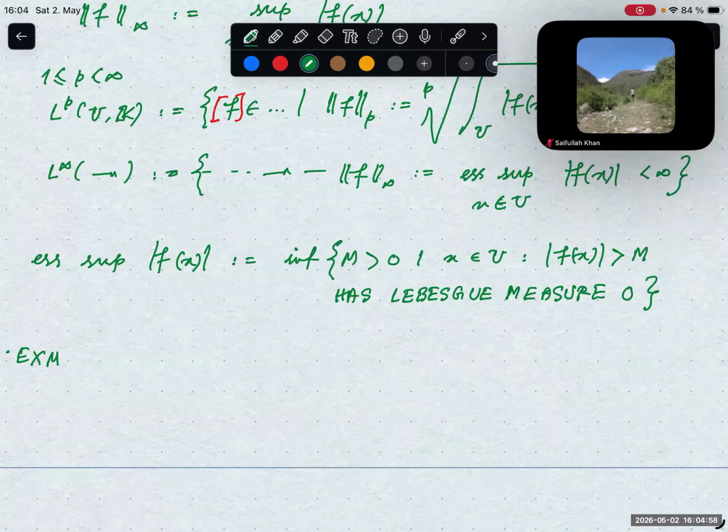Example. LP space, these are Hilbert space.